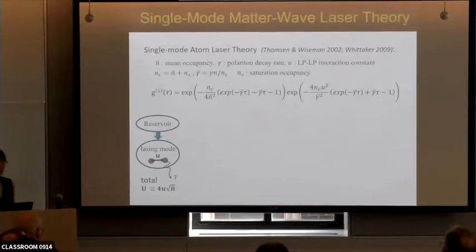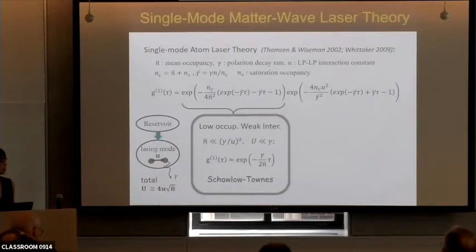It turns out it actually can be very well described by a simple analytical model that was first developed for single-mode metal wave lasers, where we consider a reservoir coupled to the lasing mode and include the interaction between the particles in the lasing mode. So in the low occupancy limit, where the interaction is weak, we recover the Schawlow-Townes formula.